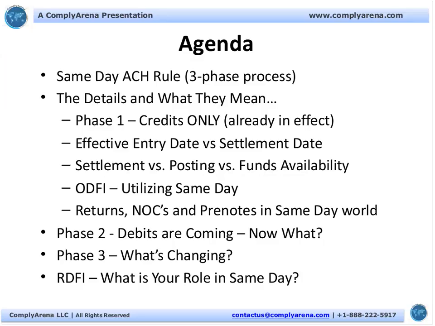What does each one of those terms mean, and how does it really affect the originator, the company who wants to utilize the same-day ACH feature, the financial institution who's transmitting it into the network, and also the RDFI, the receiving depository financial institution, who will receive those same-day ACH transactions, and when do they have to make those funds available? So we're going to talk about all that detail.